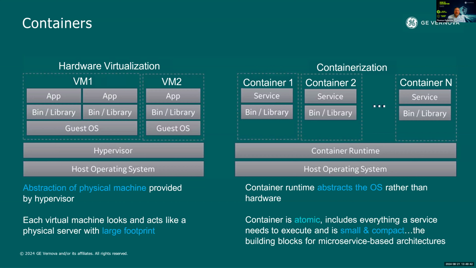A container runtime environment is used to virtualize the operating system. The result is that containers are lighter and smaller than VMs. They do not carry the guest operating system with them. They're also atomic in nature, carrying everything with them required to run the containerized services, making them highly portable. Containers are the key enabler for microservice-based architectures and the inherent modularity provided by GridOS.